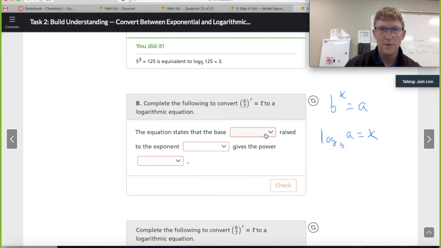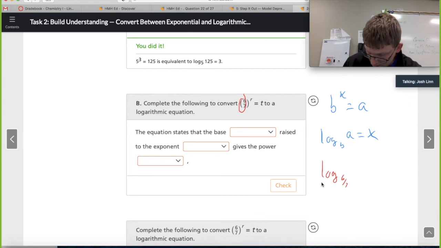So let's see here. Complete the following to convert this to a logarithmic function. So I'm just going to do it on the side here first, and then we'll plug things in. So remember, log base b, so 6/7, of t is going to equal r. I tried to erase that. For some reason it's not working, but whatever.